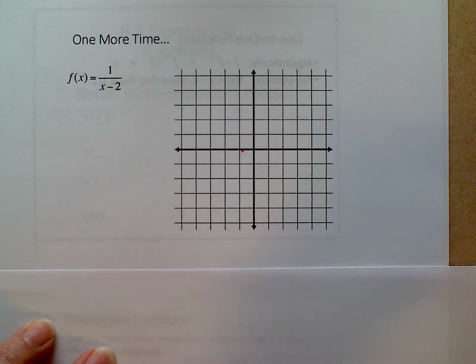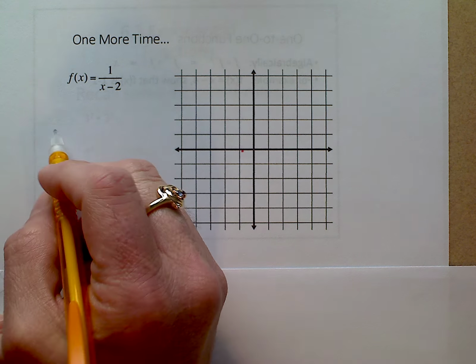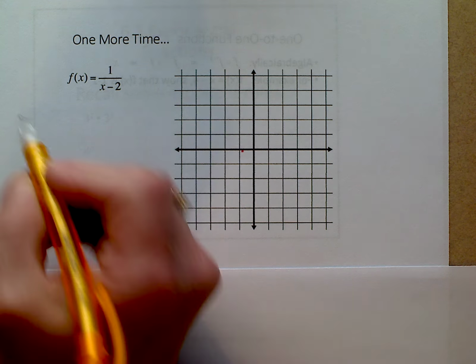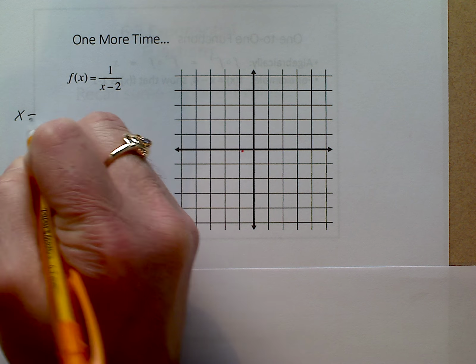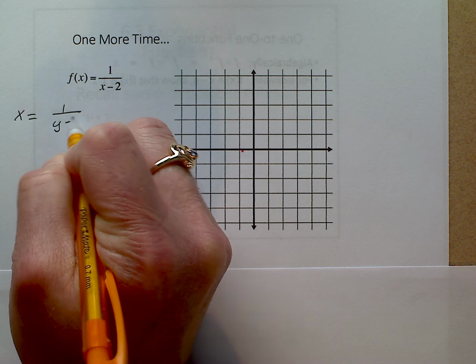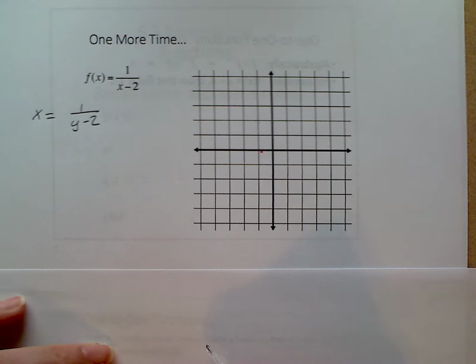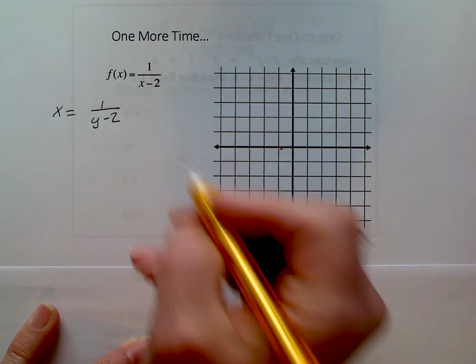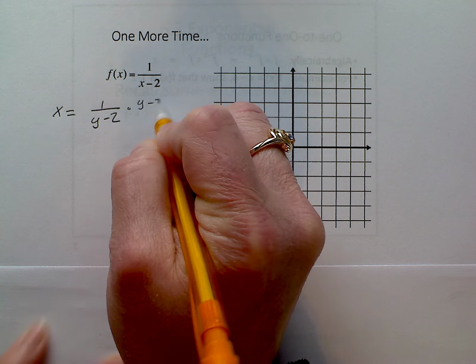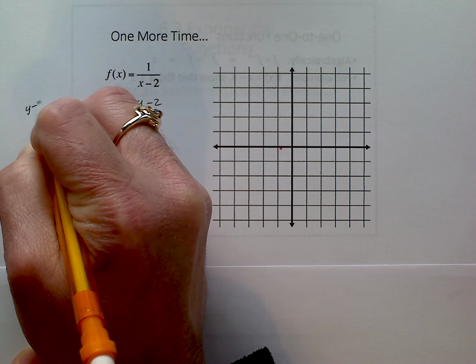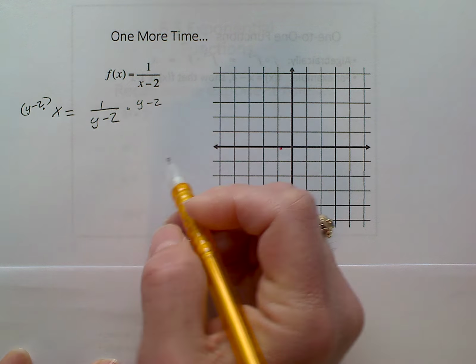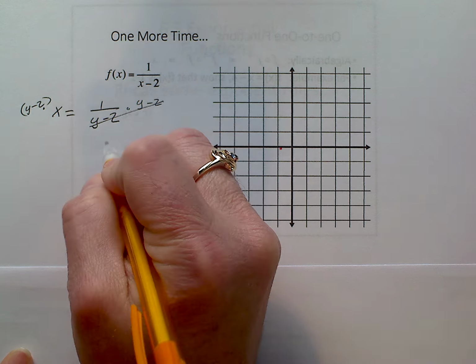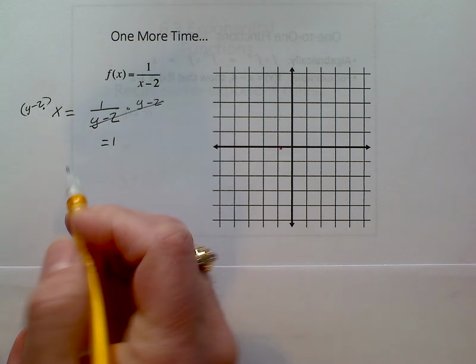Remember our rule. Switch x and y and solve for y. Here we go. X equals 1 over y minus 2. How am I going to solve this thing for y? Well, I'm going to get rid of this in the denominator. This is a quantity. That cancels and I get 1, which is not usually an issue.